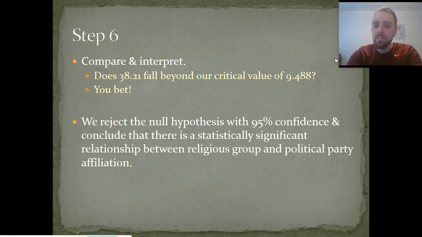So therefore, we reject the null hypothesis with 95% confidence, and we conclude that there is a statistically significant relationship between religious group and political party affiliation. We reject the null hypothesis because our critical value was less than our observed value. 38.21 is much greater than 9.488.